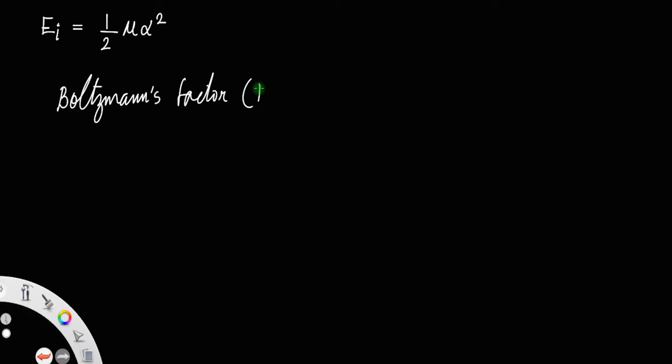Let's say that as Bf, Boltzmann factor. Boltzmann factor is nothing but an exponential form, exponent of minus Ei by kBT, where kB represents the Boltzmann constant and T represents the temperature. So here it will be e to the power, but we already know energy is in the quadratic form, that is minus 1 by 2 mu alpha square divided by kBT.